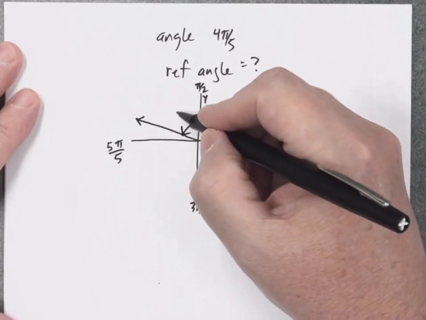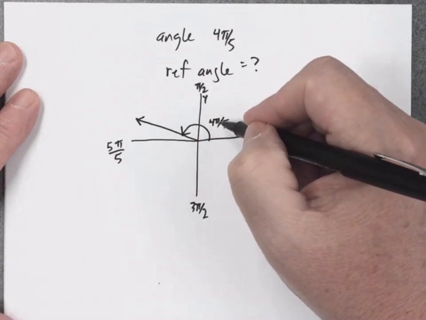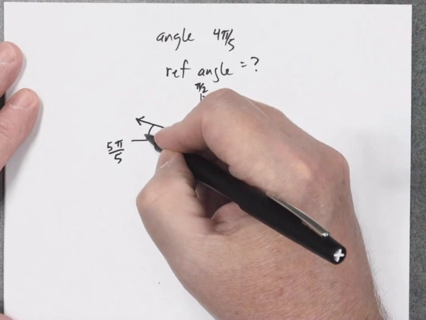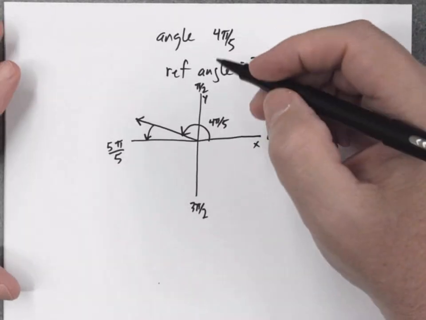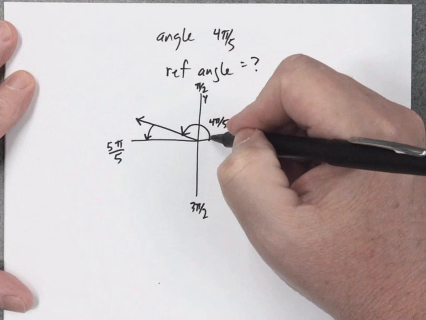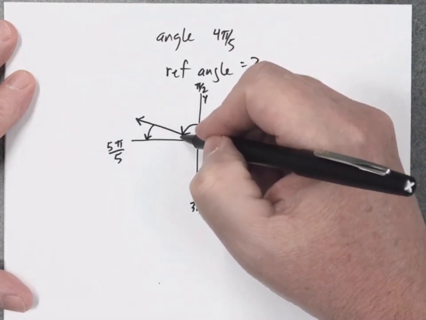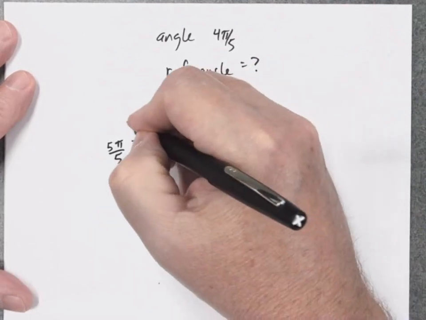I could go back to the x-axis, and that would be a reference angle of 4 pi over 5. But actually the shortest angle back to the x-axis is to the negative x-axis. Now hopefully you can see this pretty easily. If 4 pi over 5 gets me to here, and 5 pi over 5 is here, what's this difference?